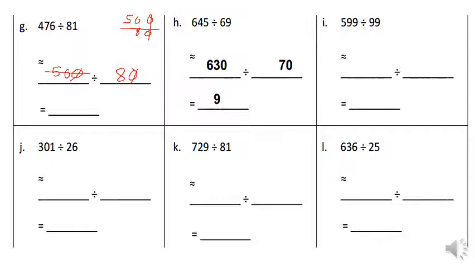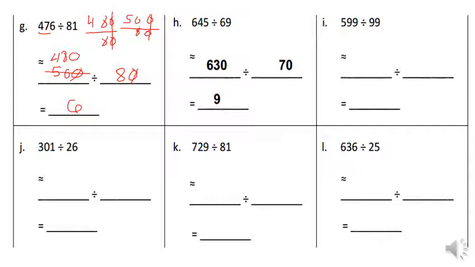So I'm going back up to here, and I'm looking for a multiple of 8 that's close to 47. And I know 8 times 6 is 48. So I'm going to go with 480. And now we have 480 divided by 80. Now I take out my tens. I've got 48 divided by 8, which is going to equal 6.